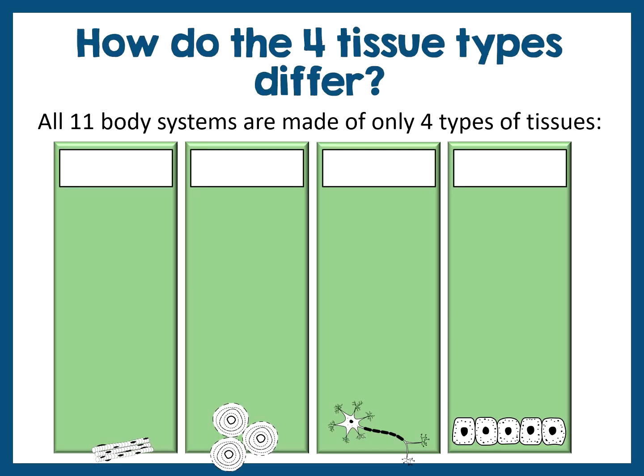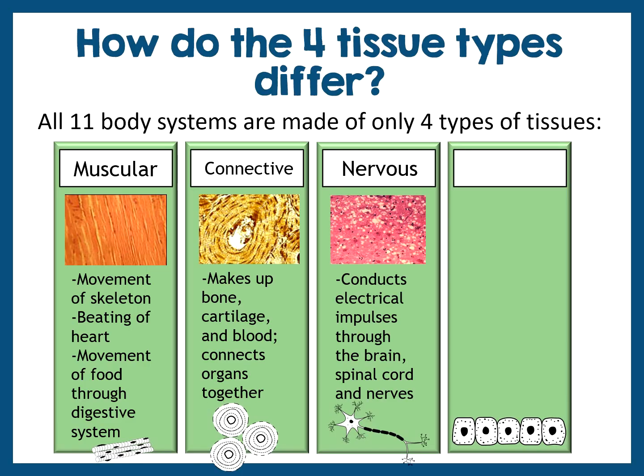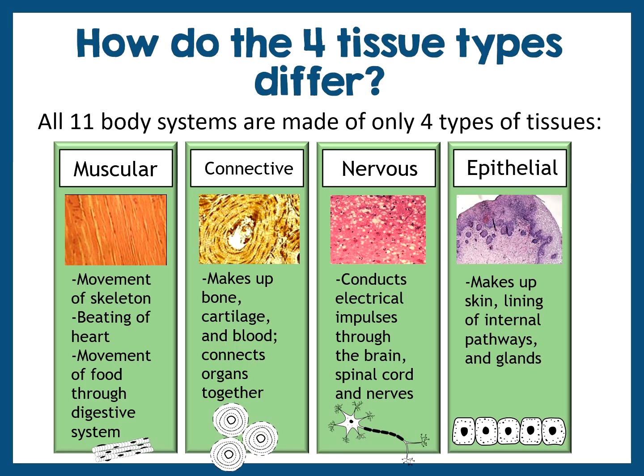When it comes to all of our 11 body systems, they are going to be made up of only 4 tissue types. However, all of the body systems that we talk about in 201 and in 202 are going to include this connective tissue. So even when we're talking about muscular organs, they are deeply involved with connective tissue.